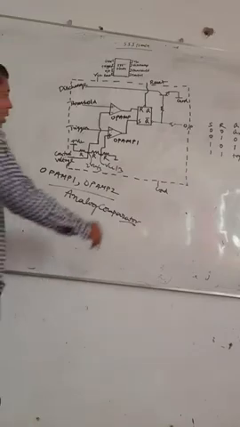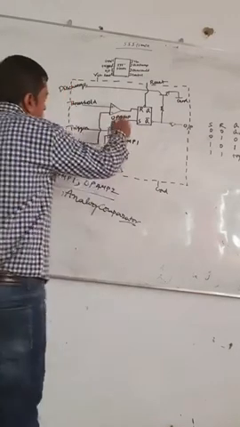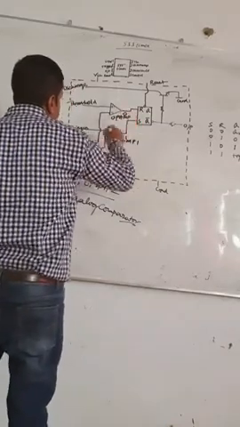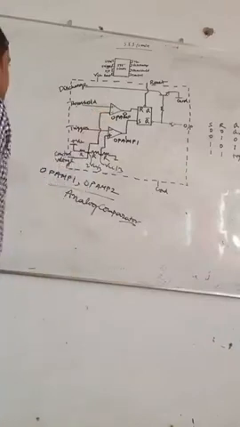Where the op-amp is used as analog comparator 1, the output will be 1. Here we assume the threshold voltage is greater than VCC by 3.